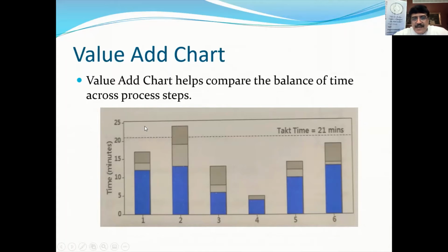You can see that there is a bottleneck. The bottleneck is probably this step here. Focusing on a step like this one, no matter how much you improve it, is not going to improve the process, because this is where the bottleneck is. He's taking a long time here.